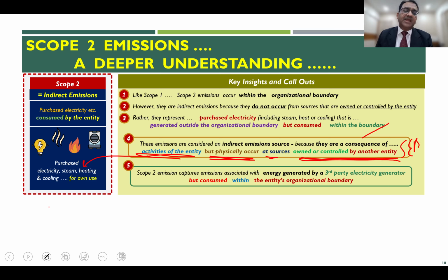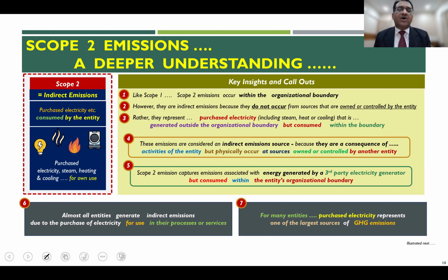So therefore, these are indirect emissions. Right? So scope 2 emissions capture emissions which are associated with the energy generated by a third party electricity generator, let's say a state electricity board, but is consumed within the entity's business operations. That's how you have to look at scope 2 emissions.